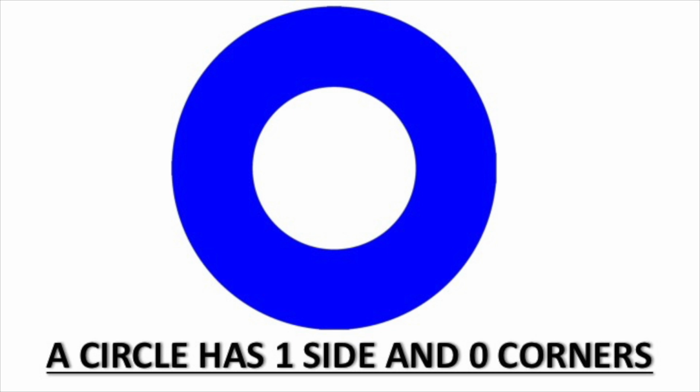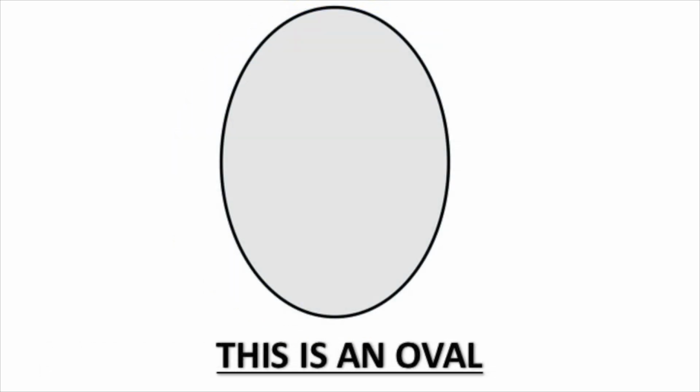Yes, a circle has no straight sides, but what a circle has is one side that goes all the way around. How many corners? 0. How many circles can you see in the picture? 2. What colours? Very good, well spotted.